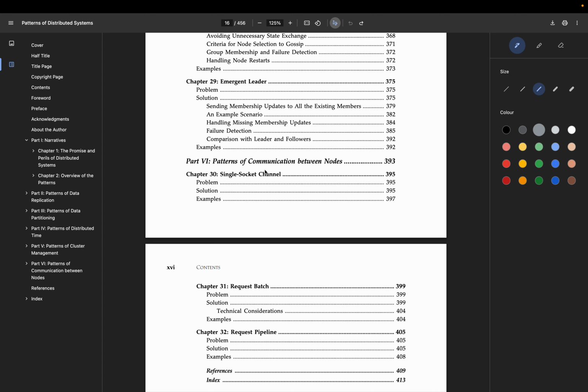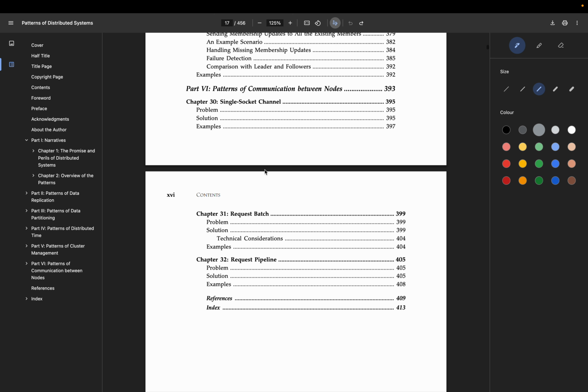We have a couple of patterns, and which pattern you use in which kind of system design are very good learning opportunities. Then you will have single socket channel, what the problems with it are, what solutions we can have, and some examples from day-to-day life. And then we have request batch, request pipeline, all these things.